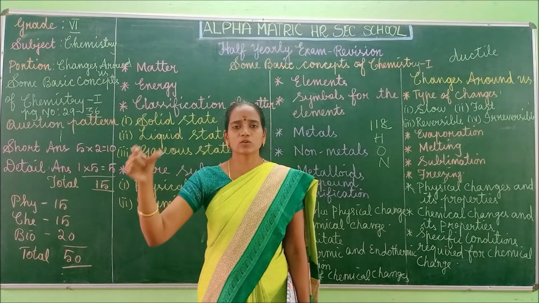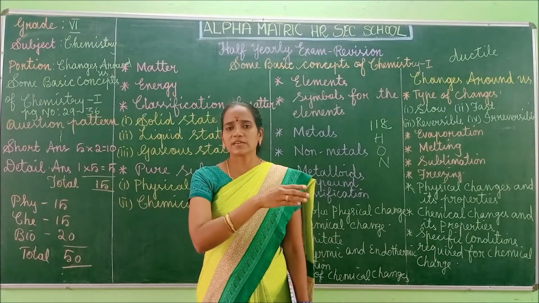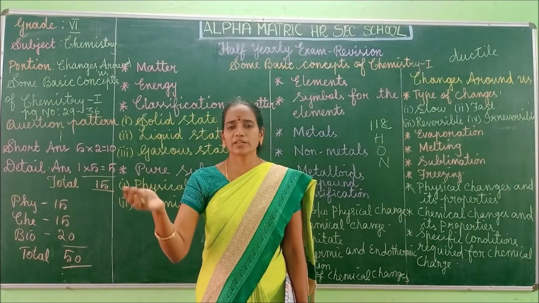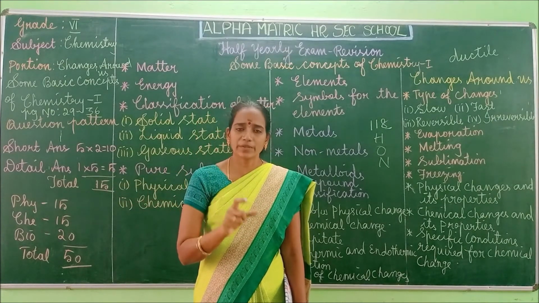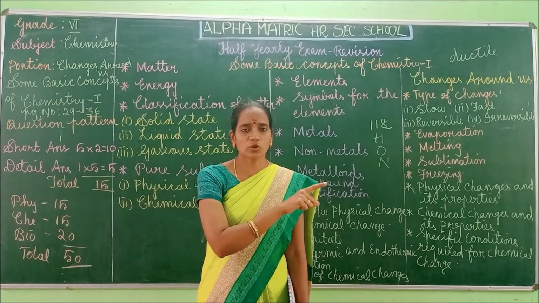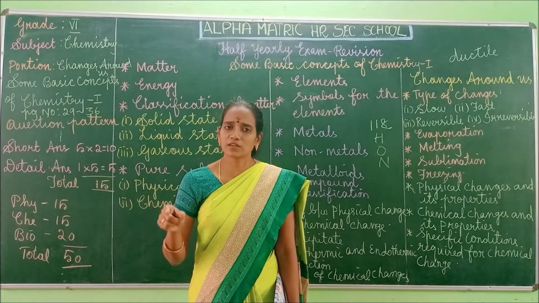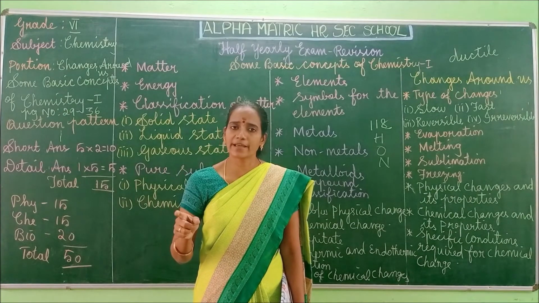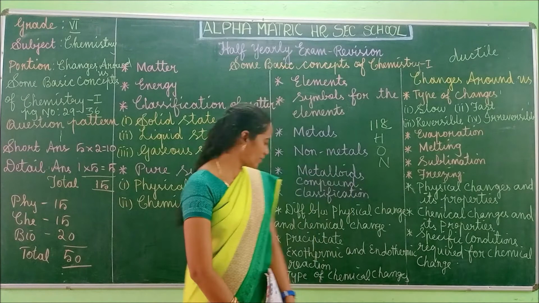Differentiate between exothermic and endothermic reaction means put the tabular column, this side exothermic reaction, endothermic reaction. The main concept behind the exothermic reaction is liberation of heat. Okay, and what's the main concept behind the endothermic reaction? Absorption of heat. Okay, in this manner you have to follow.